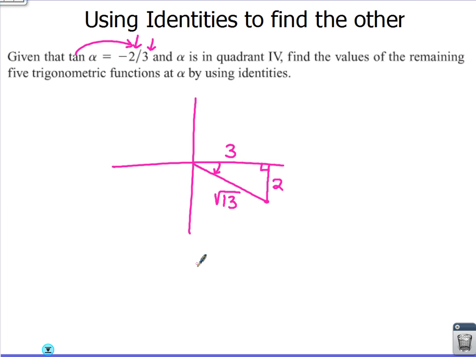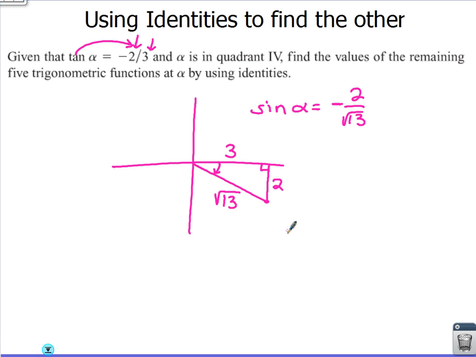And just by using all students take calculus, you can find your other functions. Sine, I'll just do a couple. The sine of alpha, since we're in the fourth quadrant, will be negative, and will be opposite over hypotenuse, which will be negative 2 root 13 over 13, same answer we got.